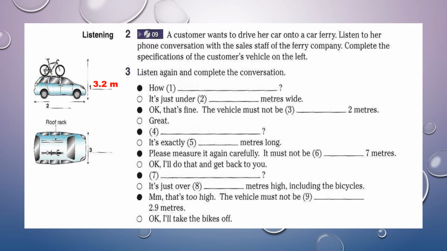Exactly, it's 3.2 meters, including the bike. Now, number 2, what's the length? Good, it's 7 meters from front to the back. Good. And number 3, what's the width of the car from the right side to the left side? Exactly, it's 1.9 meters. Great.